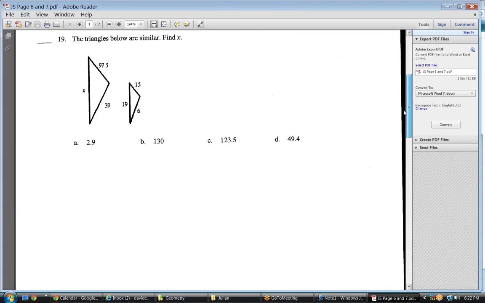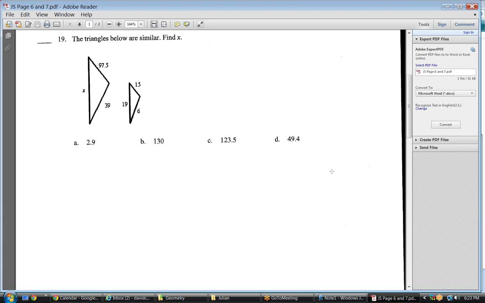Okay, 19. Set up the ratio to solve for x. X over 15. Wait, no. X over 19 equals 97 over 15. You've got two choices.